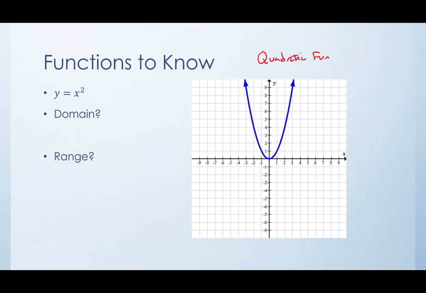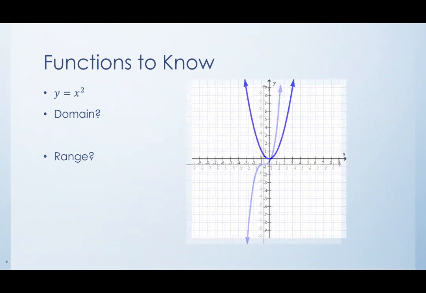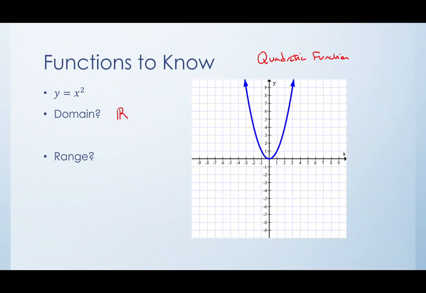All right, so next up is our quadratic, our basic quadratic function. And again, we can get to any other quadratic function through vertical or horizontal shifts, stretches, and reflections. And so, again, there's no divide by 0 errors or things to worry about, no square roots. So our domain is, again, all real numbers.